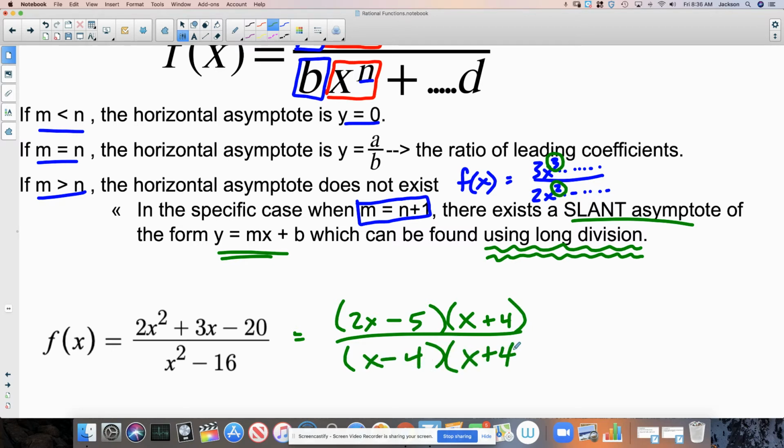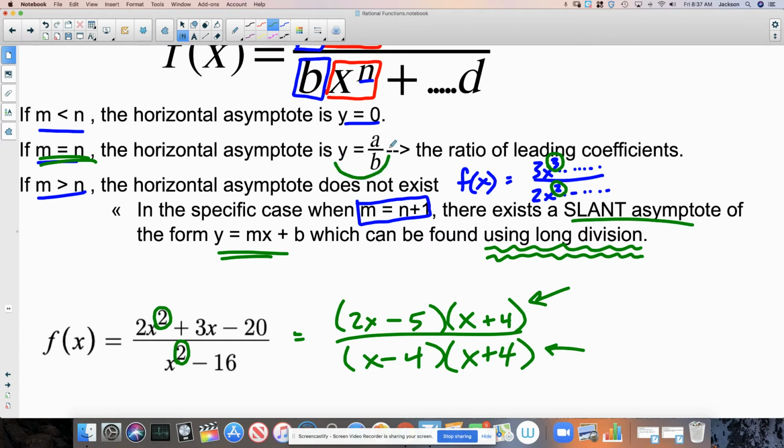The zeros up here are the x-intercepts, and the zeros down here get excluded from the domain, and so on and so forth. Finding the horizontal asymptote is easier with the original form of the function because we want to know what's the degree on the top. It's a 2. What's the degree on the bottom? Also a 2. So we've reached this status for our horizontal asymptote.